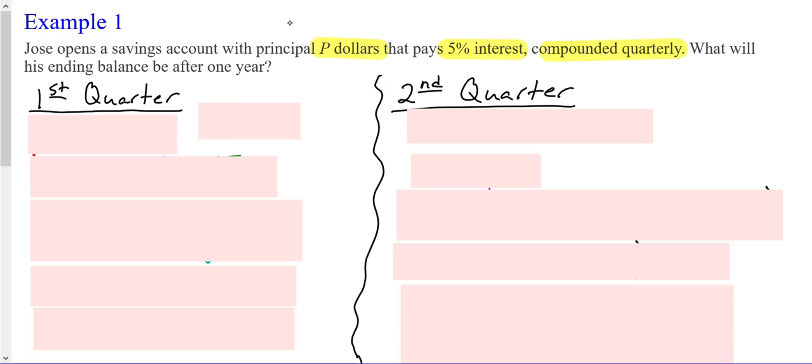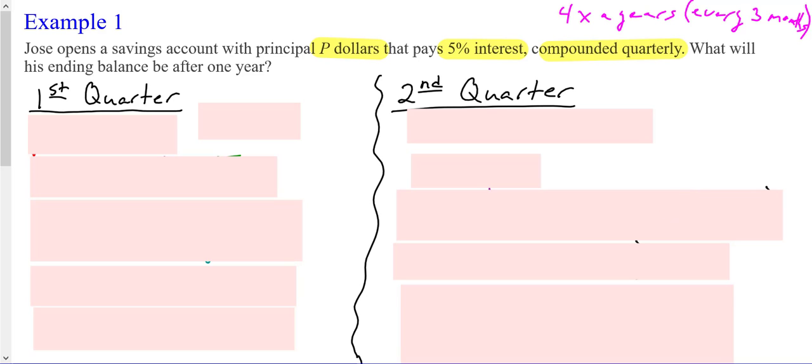Remember, when we're talking quarters, that means it is done four times a year. So 4 times a year means every 3 months is how often you compound interest.